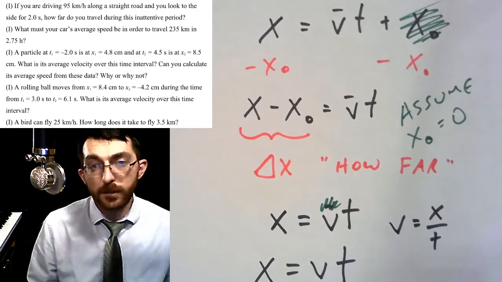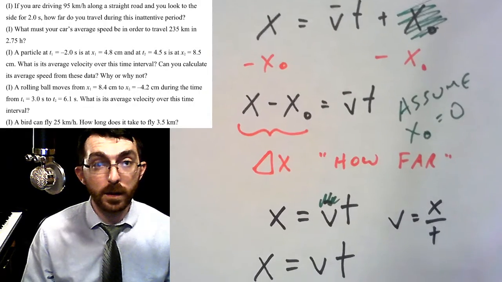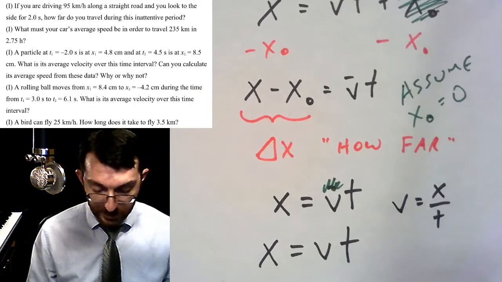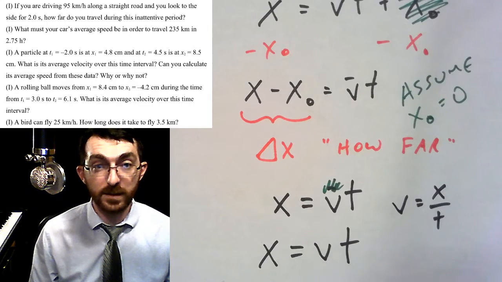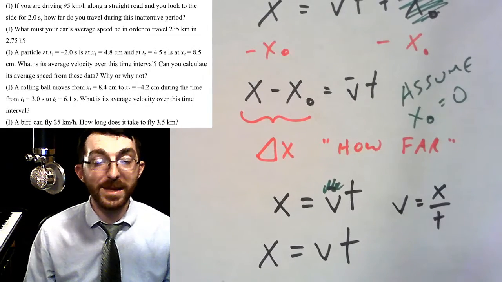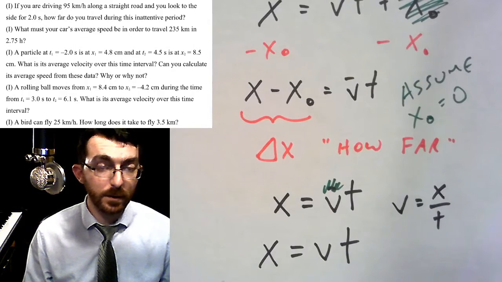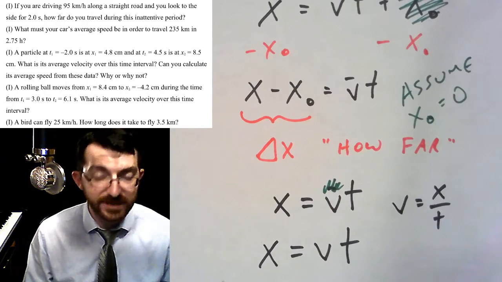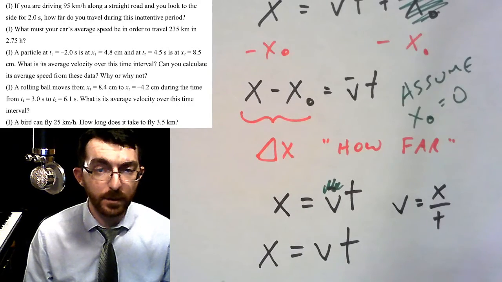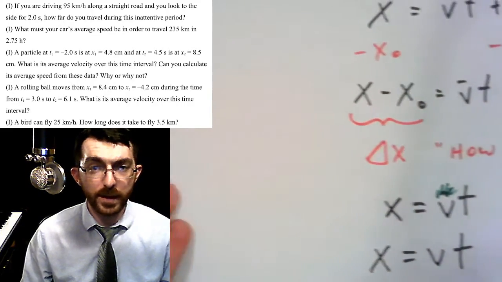But we've got a problem to solve, so let's solve it. I've got an equation with x, v, and t. I'm being asked for x, so it has to give me v, and it has to give me t. So what are they?